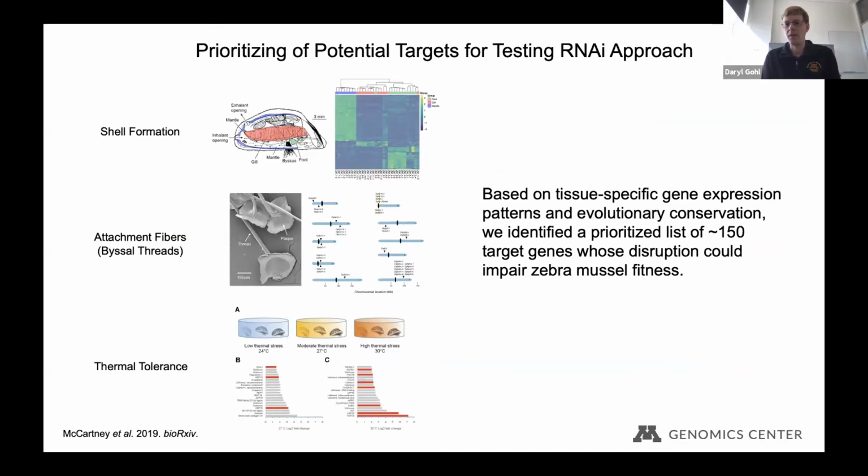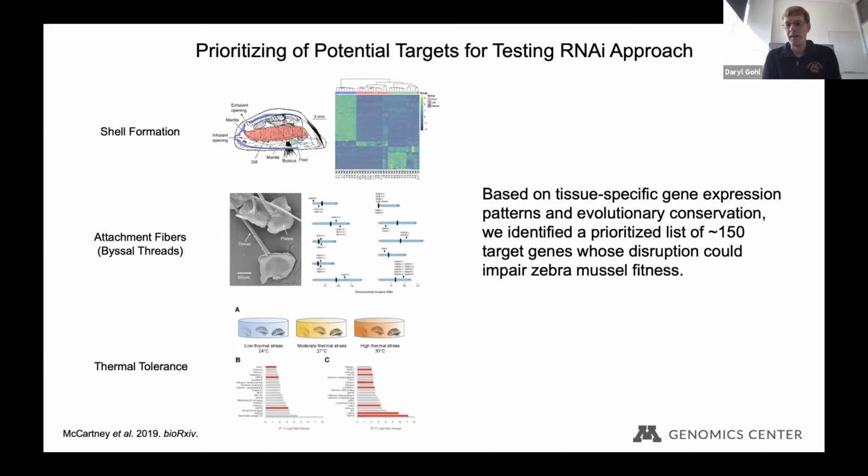And we were also able in the genome to assemble what we think is the complete collection of all of the genes required to make the byssal thread attachment fibers. These are the fibers they use to attach to surfaces and to boats, and are very important in their dispersal mechanisms.